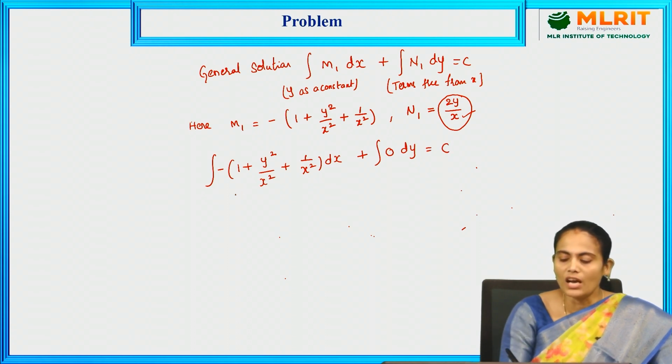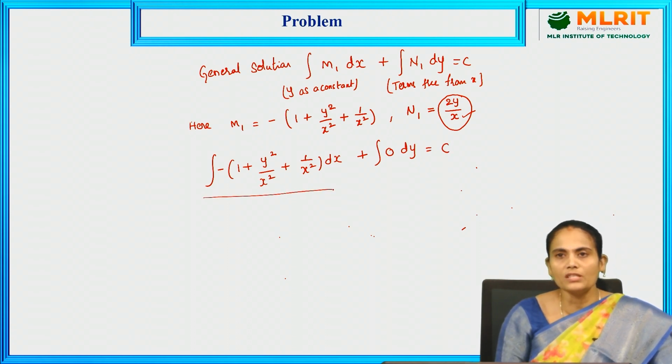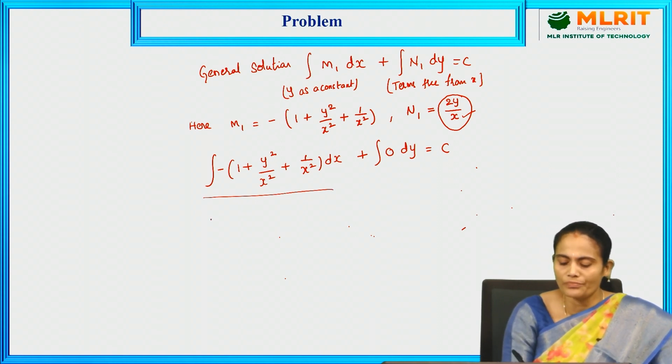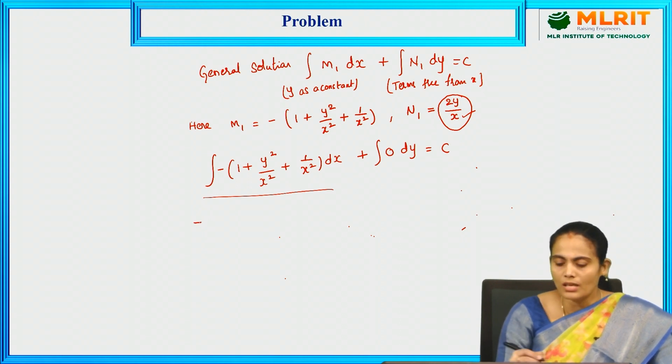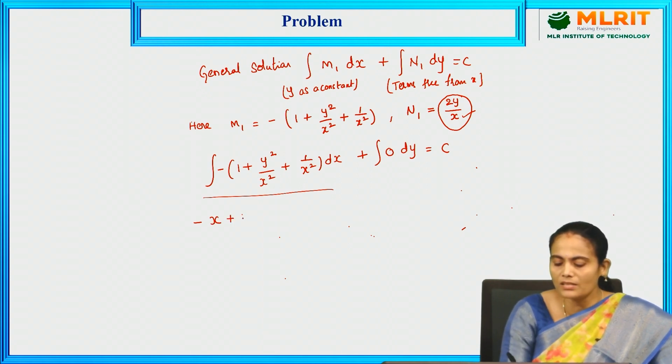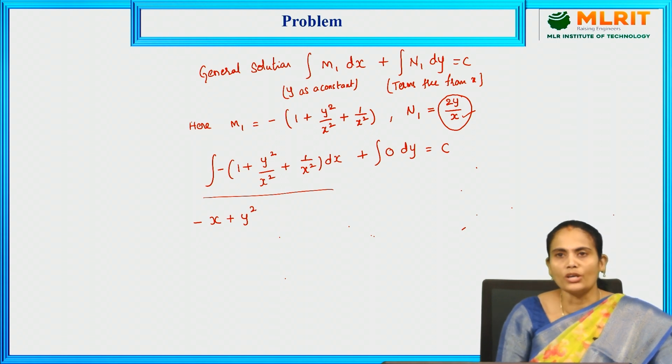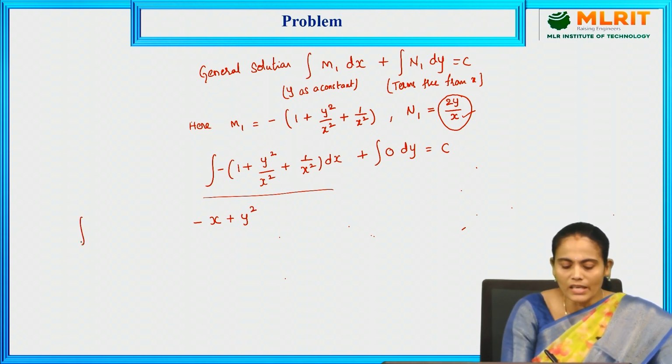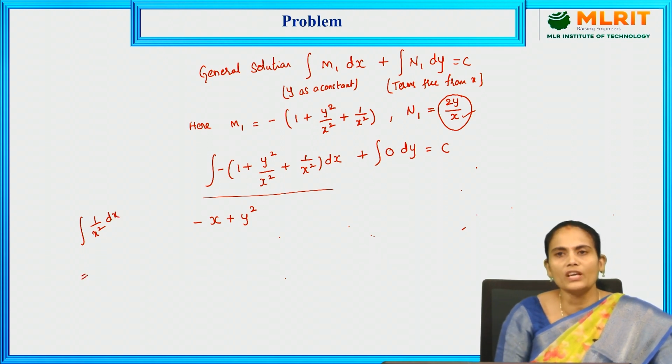And now we have to do the integration of the first term with respect to x, treating y as a constant. So minus, and now the integration of 1 with respect to x is x, plus y square is a constant, then the integration of 1 by x square.